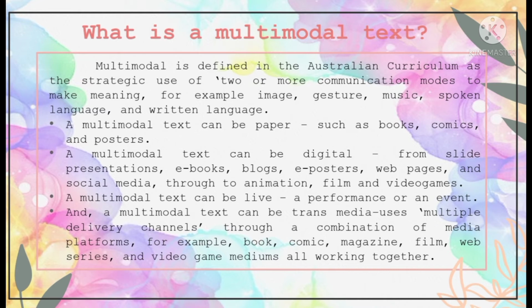A multimodal text can be live, a performance, or an event. And a multimodal text can be transmedia, which uses multiple delivery channels through a combination of media platforms, for example, book, comic, magazine, film, web series, and video game mediums all working together.